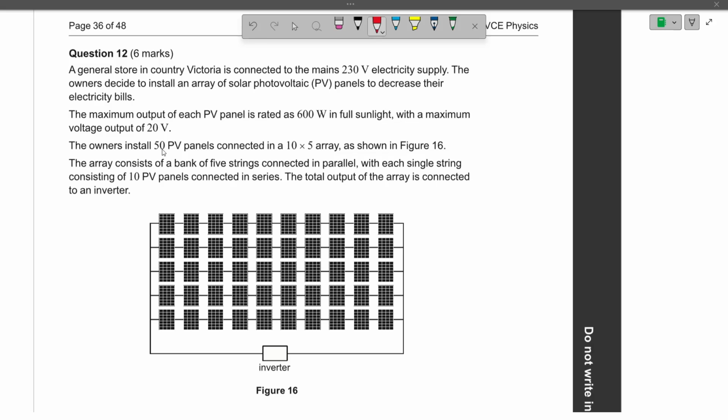The owners install 50 PV panels connected in a 10 by 5 array as shown in figure 16. Cool. The array consists of a bank of 5 strings connected in parallel, so that's your 1, 2, 3, 4, 5, with each single string consisting of 10 PV panels connected in series. The total output of the array is connected to an inverter.